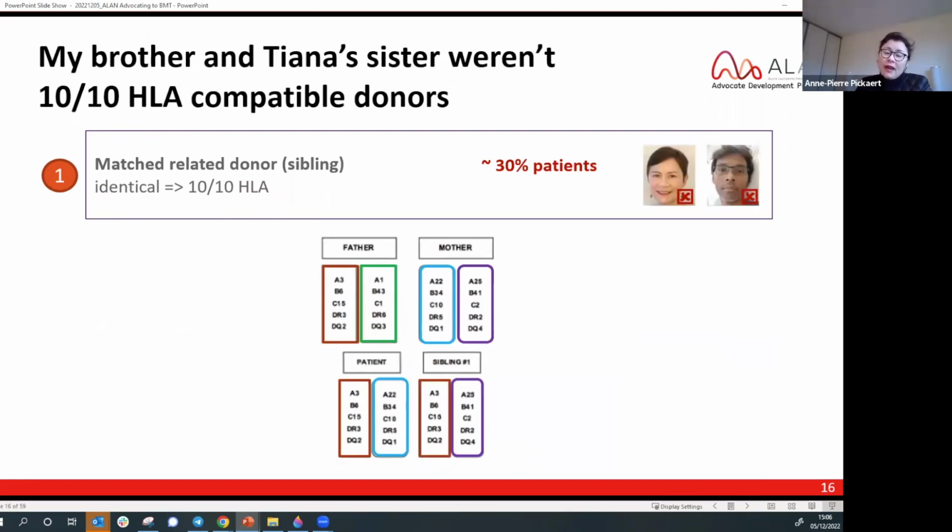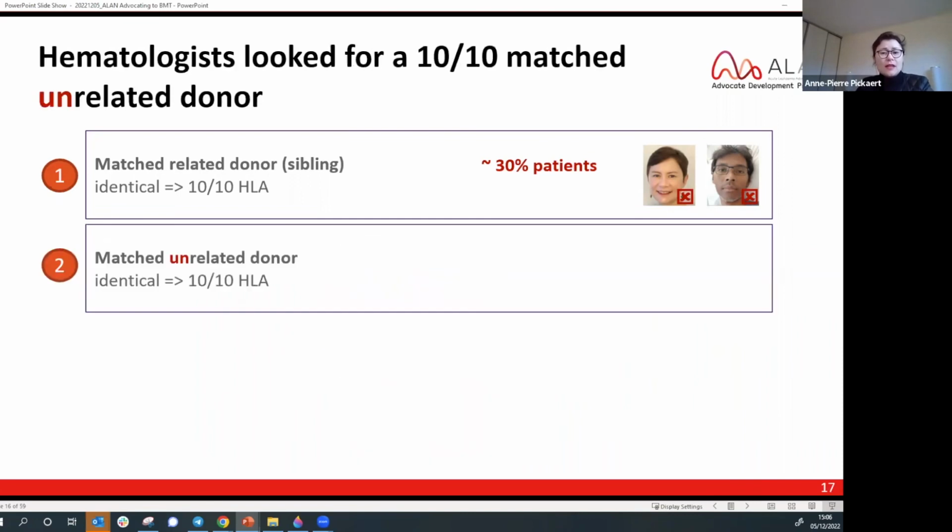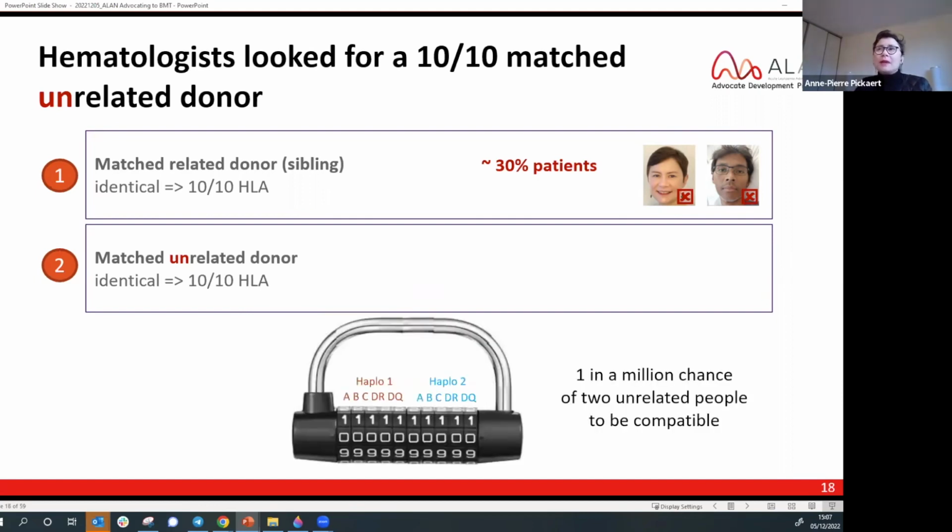But as far as I was concerned, and it was the same for Tiana, my brother was not a match and my sister was not a match. So that didn't work out. So what our hematologists did is look for a matched donor, a 10 out of 10, but unrelated. Same story, needing to match. But think about this. Imagine you have a lock with 10 different numbers.